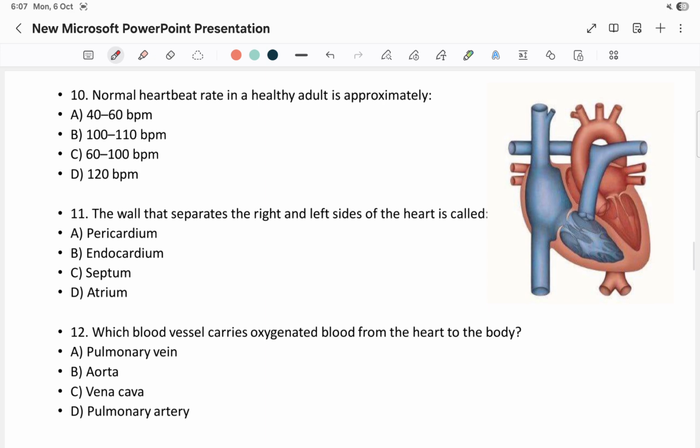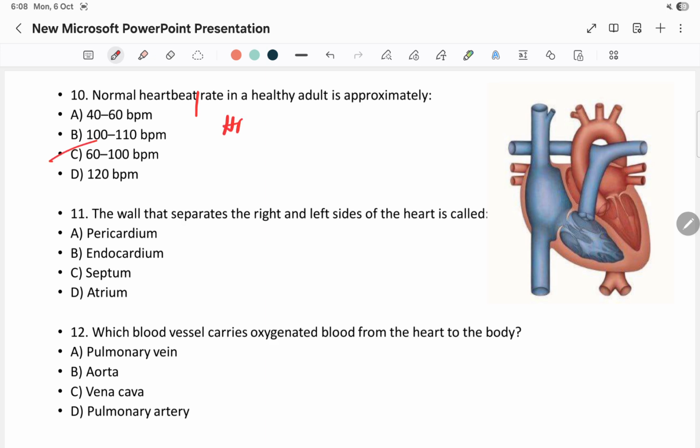Normal heartbeat or heart rate in a healthy adult is approximately option number A 40 to 60, B 100 to 110, C 60 to 100, D 120 beats per minute. And the correct answer is option number C, 60 to 100.